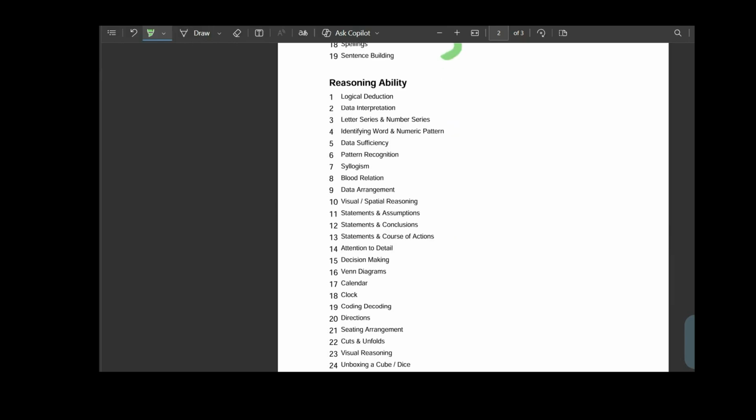And let's look at the reasoning ability section, which is designed to evaluate your logical thinking, analytical ability and problem solving skills. In this section, you may encounter questions related to logical deduction, pattern recognition, and series identification.